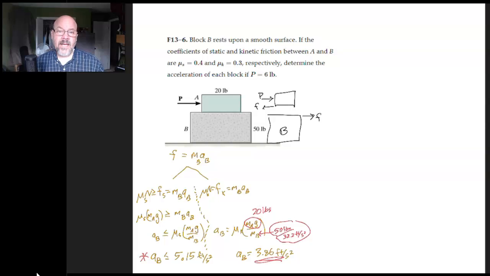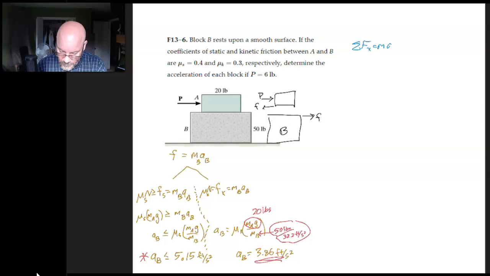provide. So what we're going to do now is say, let's assume they stick together, figure out what that acceleration is, and then compare that acceleration to my 5.15 number and see what we get. All right, so we'll use blue here.